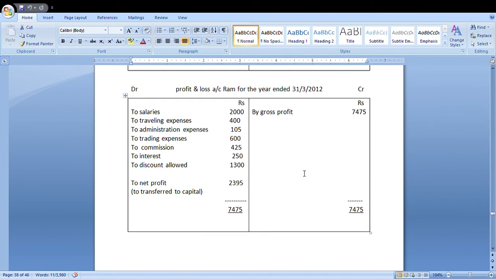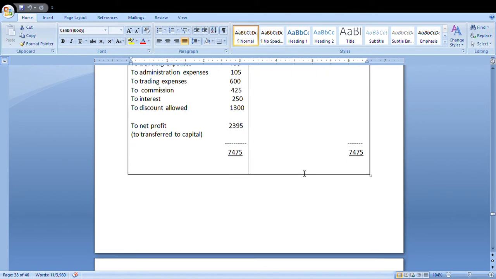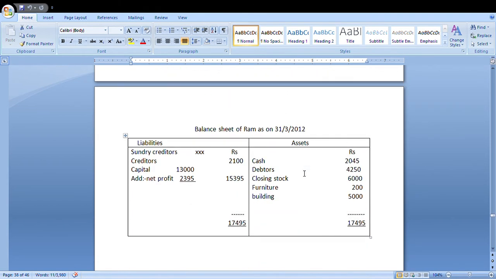Next, the last statement, the balance sheet. The balance sheet has two sides. One side is liabilities, the other side is assets. The left side is liabilities, the right side is assets.